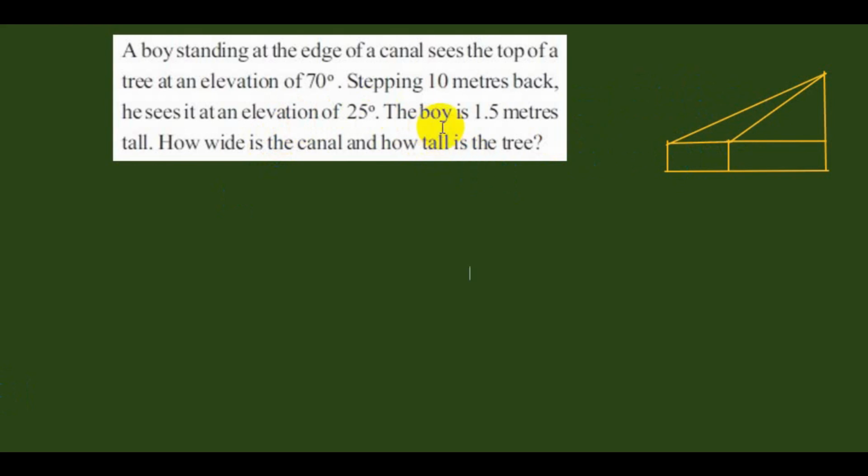Now let us name all the vertices of the figure. Let us name the vertices A, B, C, D, E, F, G. Here, this is the angle of elevation the first time, it is 70 degrees. This is the angle of elevation the second time, it is 25 degrees.